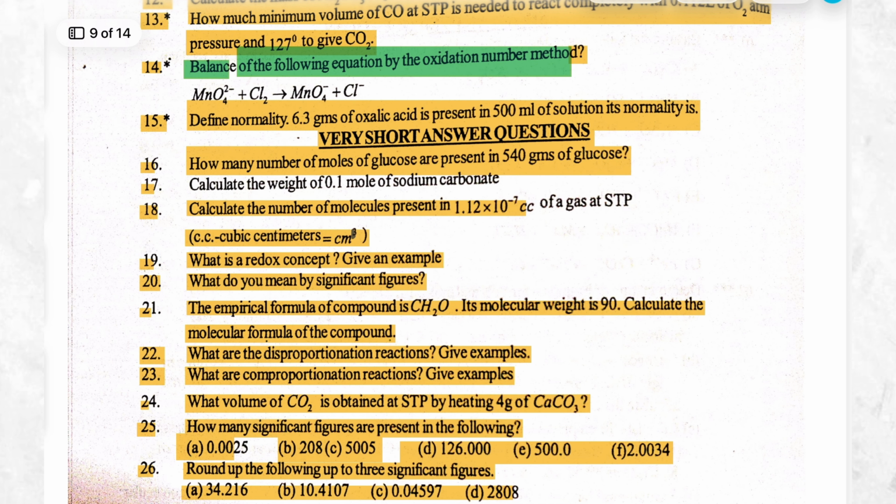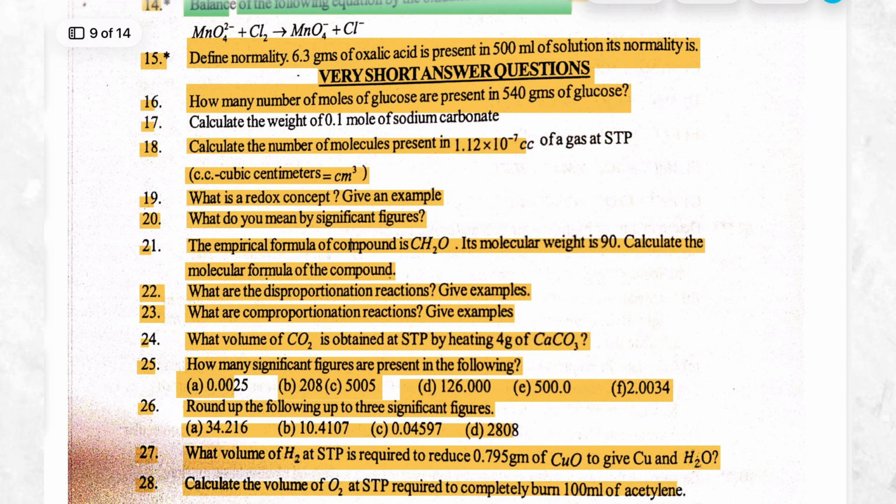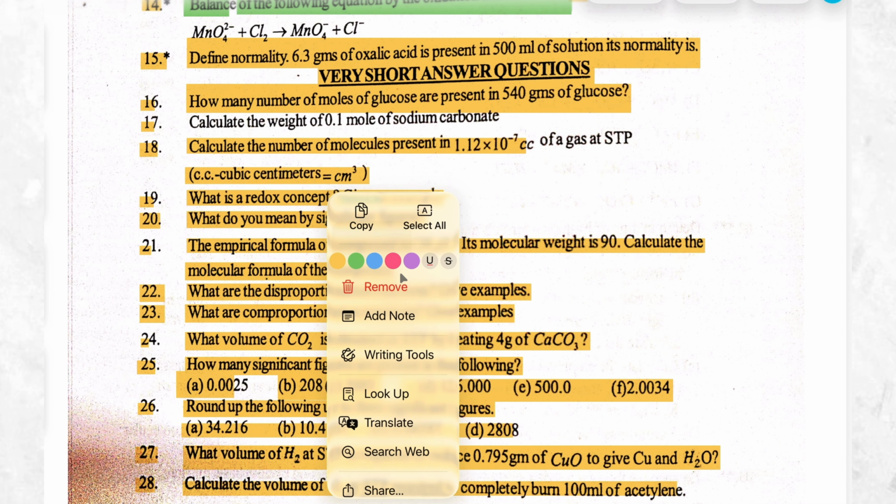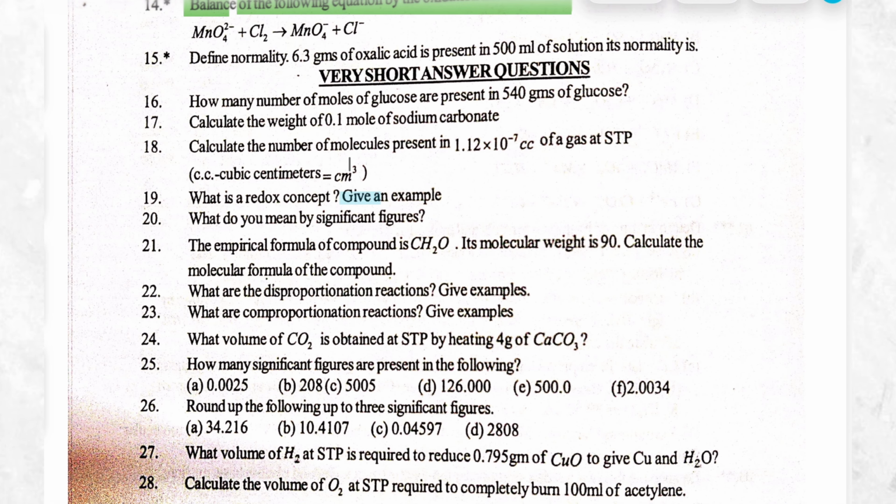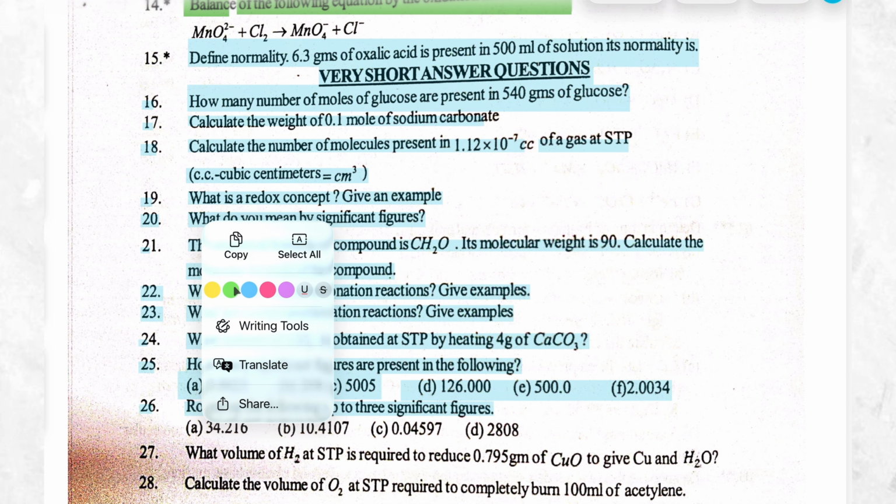Clear? Next, VSQs. Compulsorily one VSQ will be asked from this topic. Mostly all VSQs are important here. From these, the most important I will tell you: 16, 17, 18, okay, 19, right? These, up to 26, are very important.